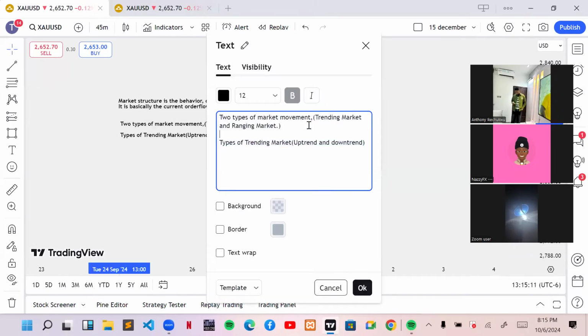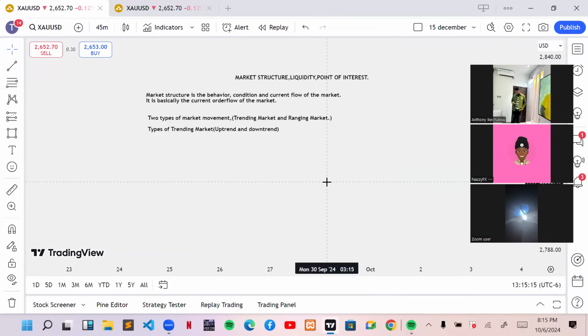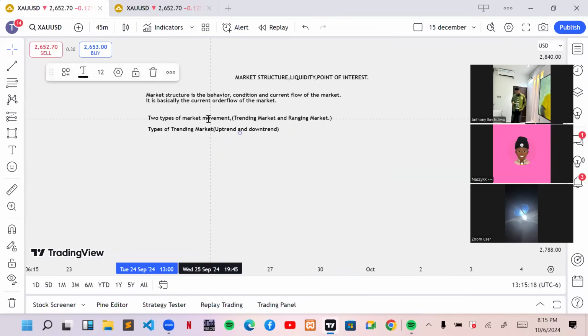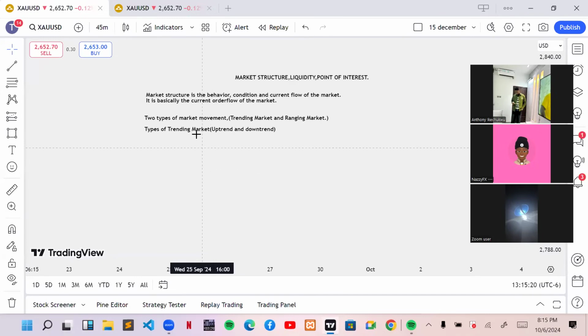Types of trending markets are the uptrend and the downtrend. An uptrend is when market is making a series of higher highs and higher lows.